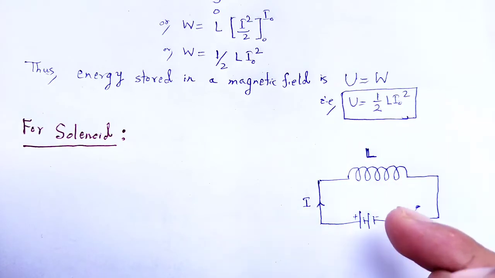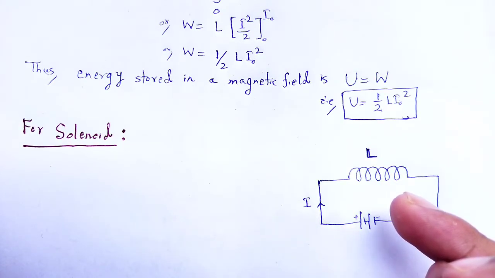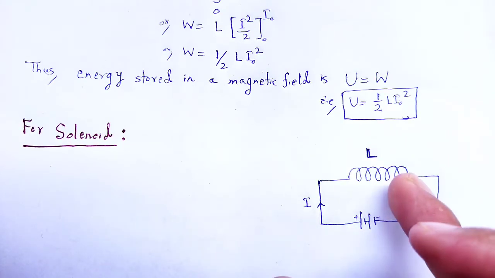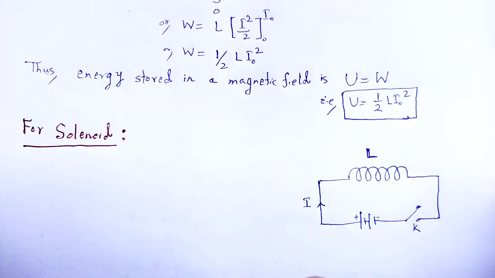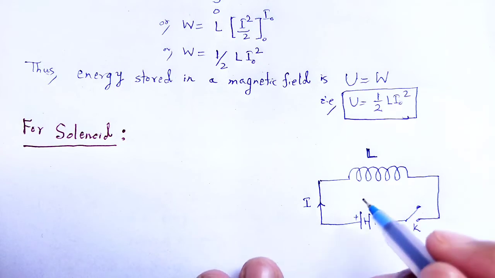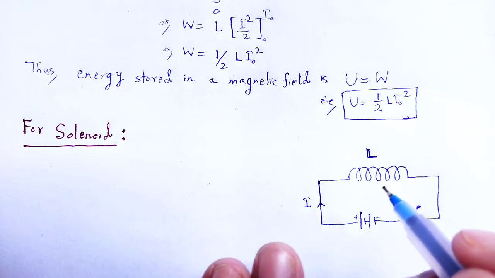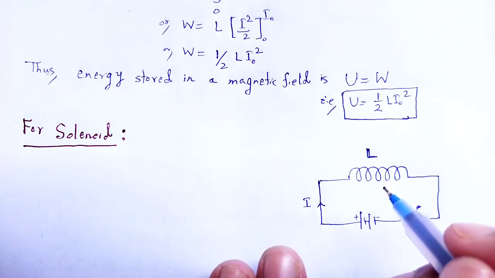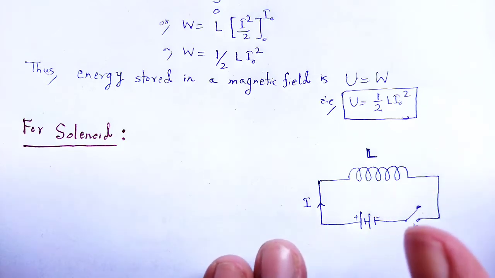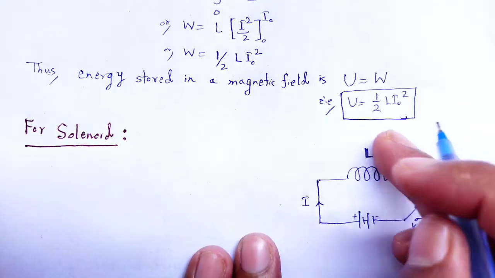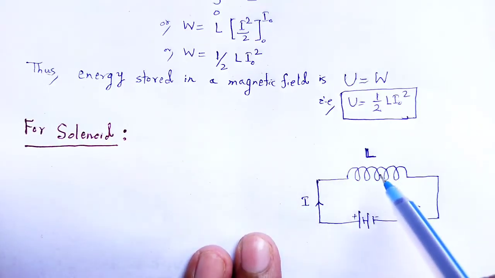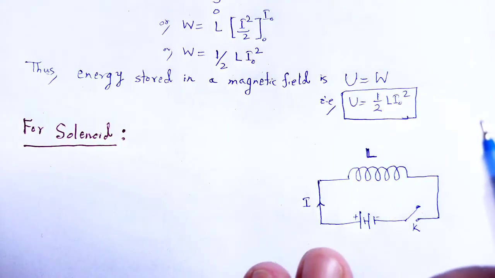During this opposition, some work is done in increasing the current from 0 to maximum against the induced EMF, and this work is stored as magnetic potential energy in the inductor, that is the energy stored in the magnetic field.